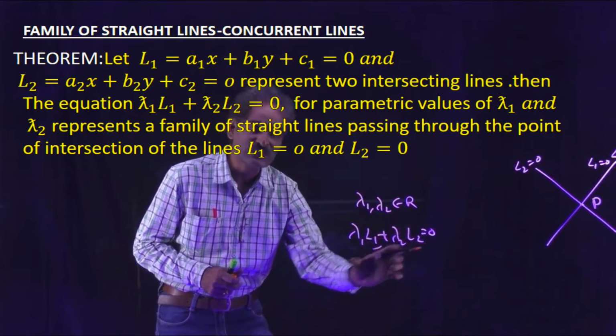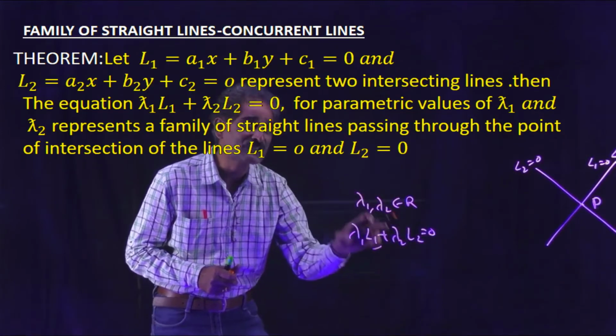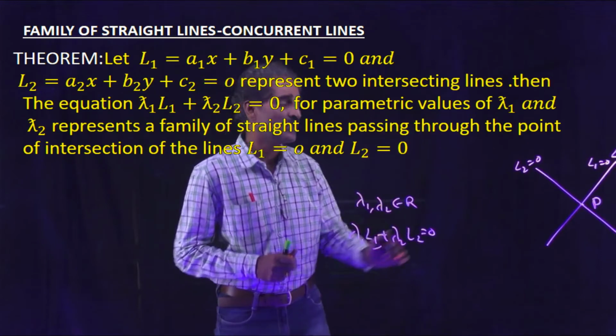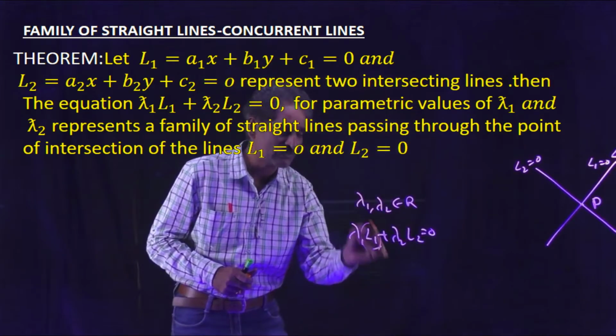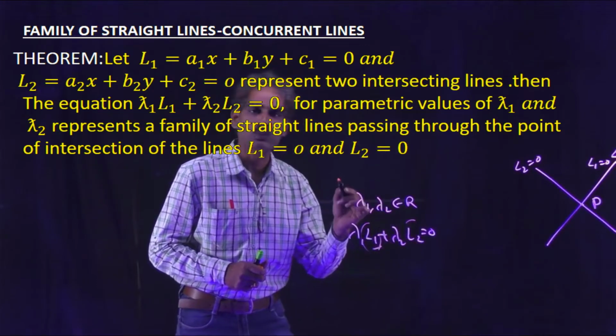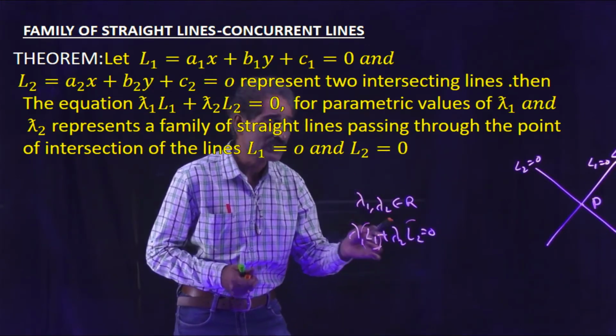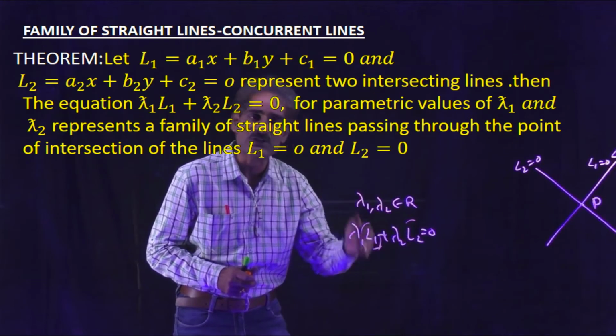This represents a line which is passing through the point of intersection of the given two lines. If P is the point of intersection of the two lines, P satisfies L1 equal to 0 and L2 equal to 0, so P satisfies the whole equation.